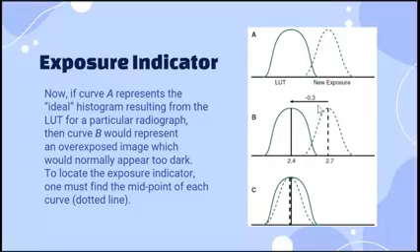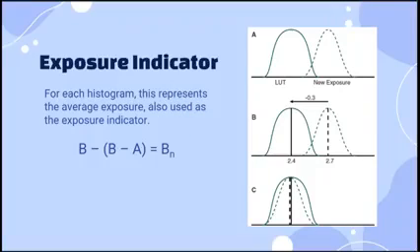So that means we have this, what do you call this? This is what will be subtracted in order for this new exposure to be aligned with the ideal exposure. Okay, so in order for us to acquire the exposure indicator, this is the formula. Okay, for each histogram, this represents the average exposure, also used as the exposure indicator.